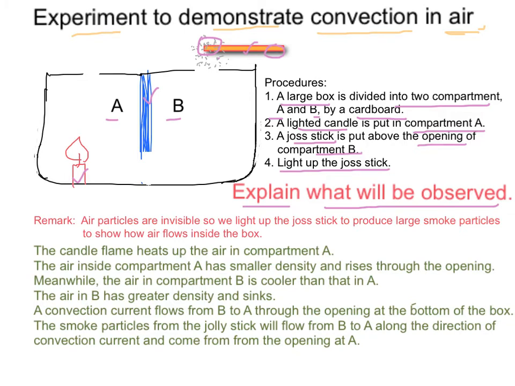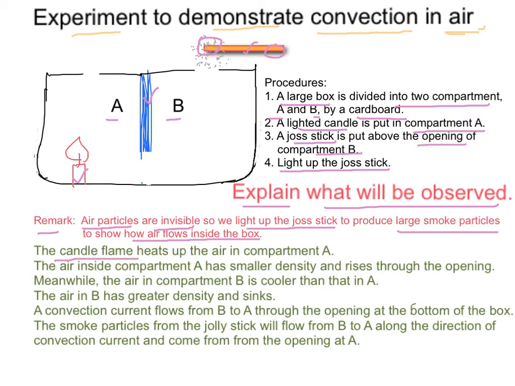Look at the remark. Since air particles are invisible, 肉眼睇唔到嘅, we light up the joss stick to produce large smoke particles for us to see, which indicate how air flows inside the box. Let's start explaining what will be observed.